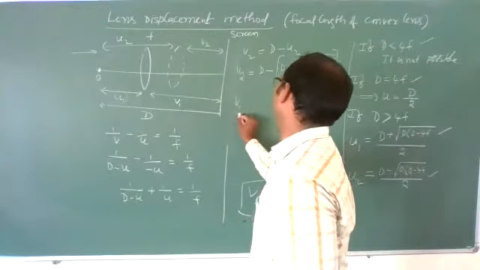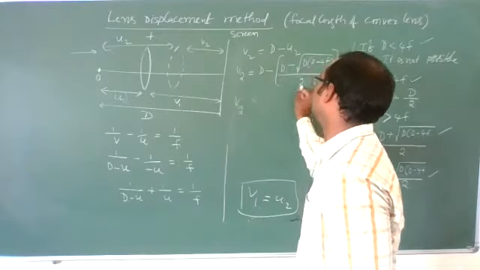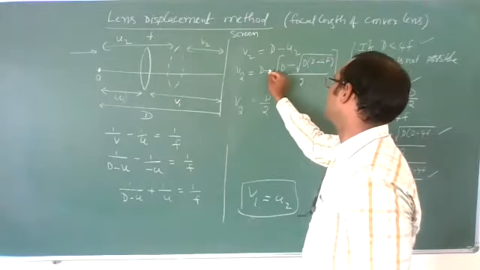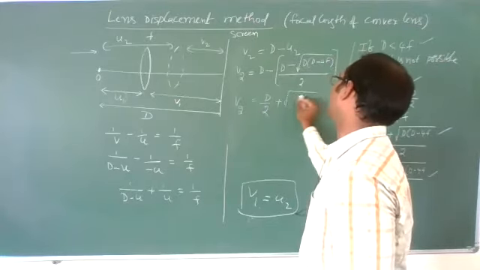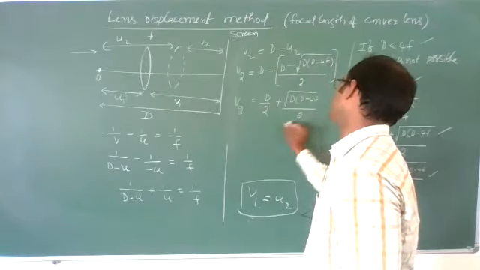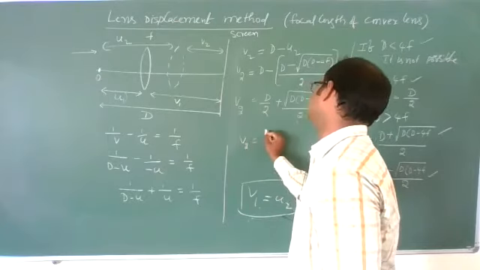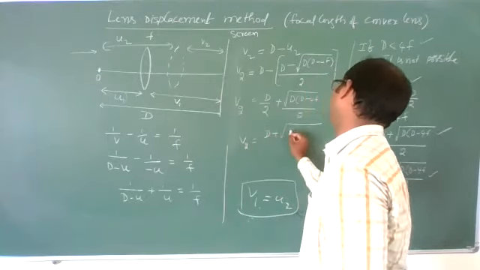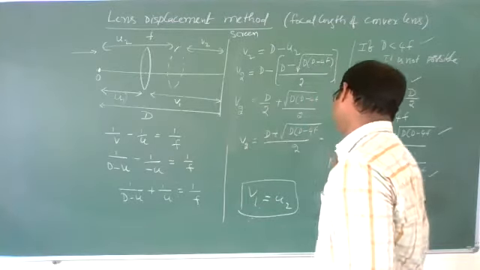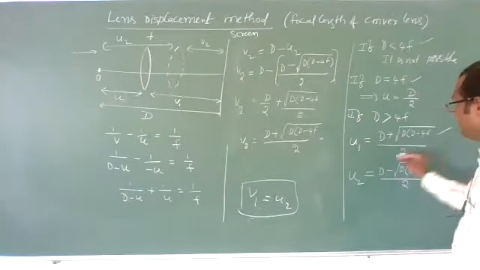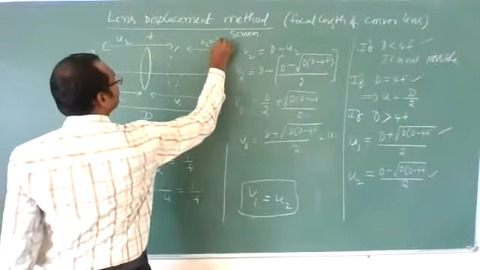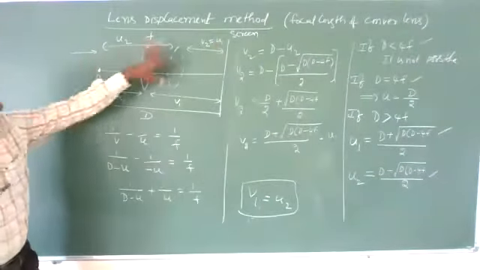What will you get? v2 is equal to d minus d by 2, which is d by 2, minus of minus plus root of d into d minus 4f by 2, means it is nothing but d plus root of d into d minus 4f by 2. What is this? This is nothing but u1. Means this v2 will be nothing but u1. Means simply they will interchange this distance.